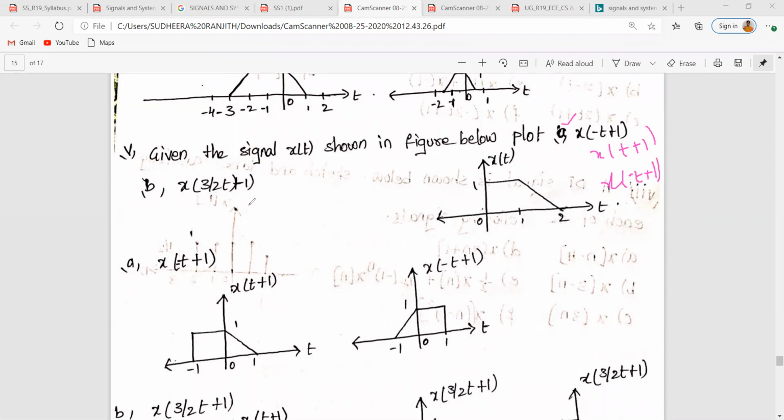And for this signal, first plot x of t plus 1. And then take the scaling. So this is how the transformations on independent variables will be.